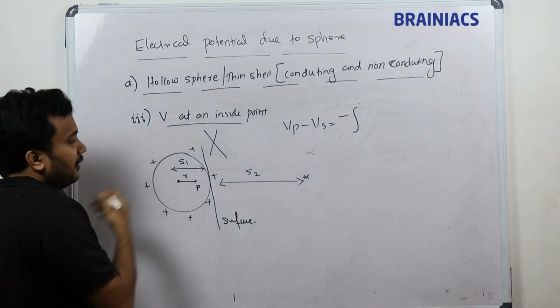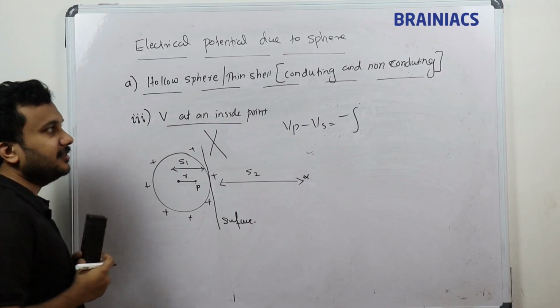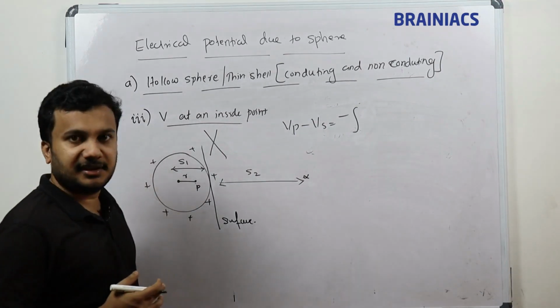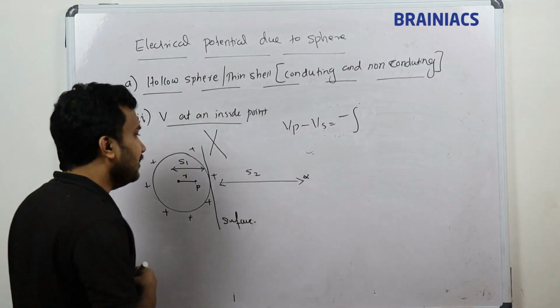So Vp minus Vs, we can split this integral into two parts: the electric field intensity at the surface and the electric field intensity at the inside.